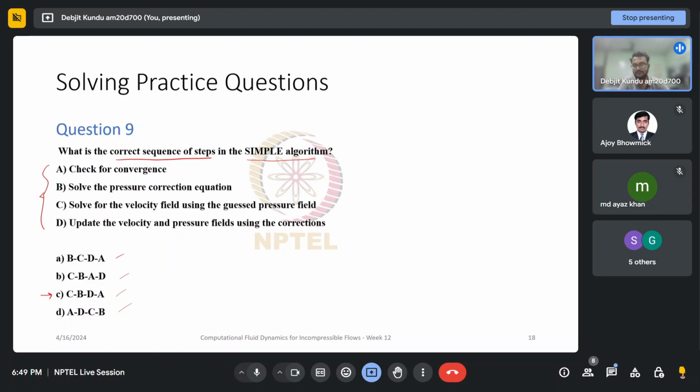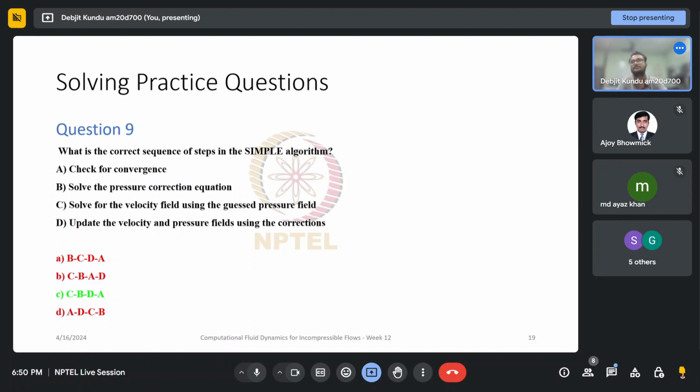And the 4 possible sequences are option A, B, C, D, A. Option B, C, B, A, D. Option C, C, B, D, A. Or is it option D, A, D, C, B? Let's have a look at the solution.